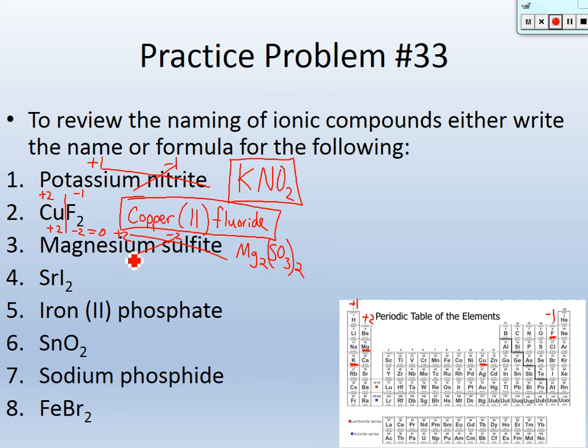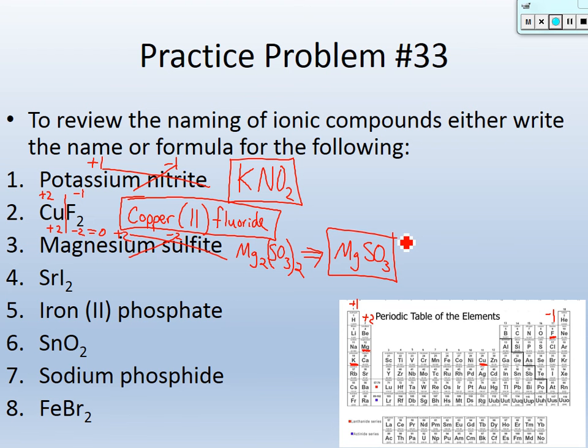Okay, but then we use the crisscross formula, so you should always ask yourself, what question? Can you reduce it? Can you reduce this 2 and this 2? Which means, are they both divisible by the same number? Yeah, you can divide both of them by 2. So let's reduce it, and it becomes MgSO3.